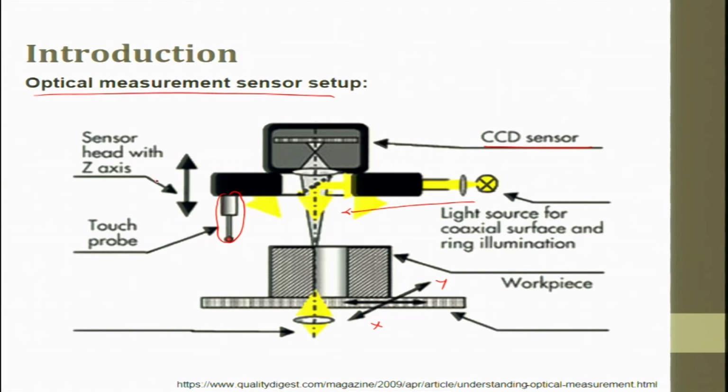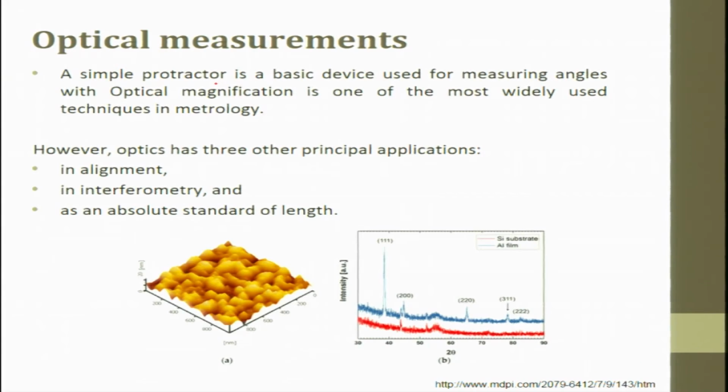For focusing, you can move, so this portion takes care of the focusing, and this XY takes care of the traverse of table. So, that means to say you can measure the entire workpiece. So, this is an optical measurement sensor setup which is used today for measuring the height in nanometer level. Heights can be measured.